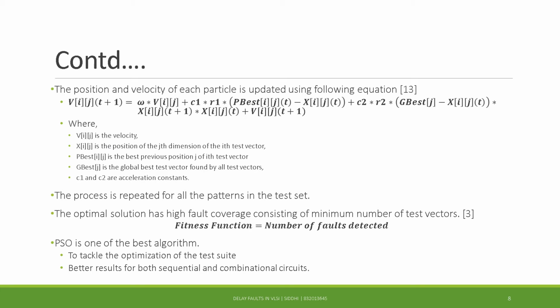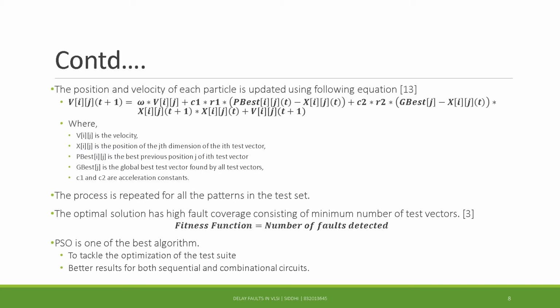The position and velocity of each particle are updated using the following equations, as shown in the slide, where Vij is the velocity, Xij is the position of the jth dimension of the ith test vector, P best is the best previous position of the jth test vector, G best is the global best vector, and C1 and C2 are acceleration constants.